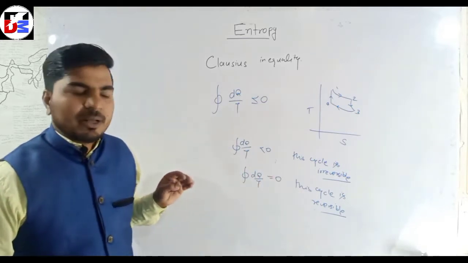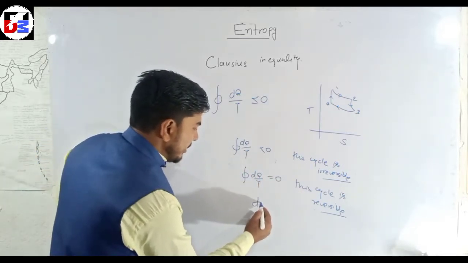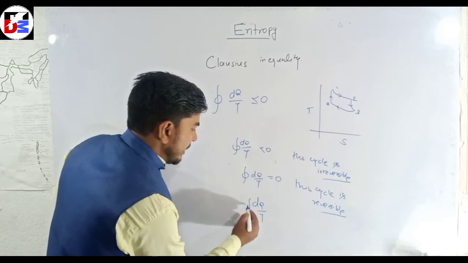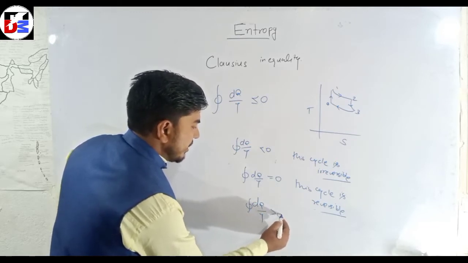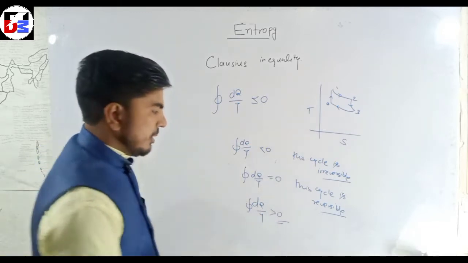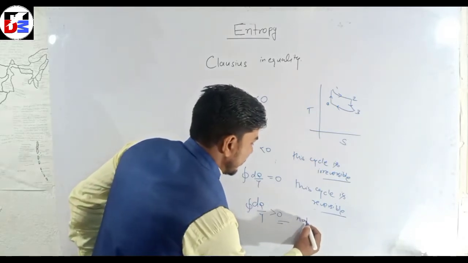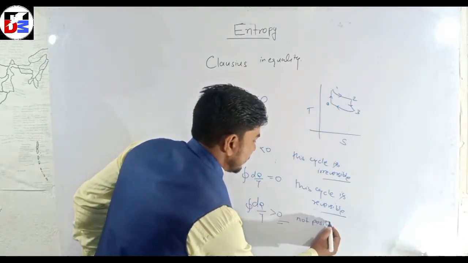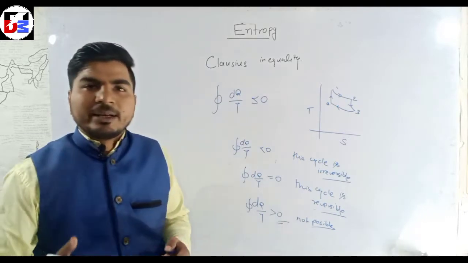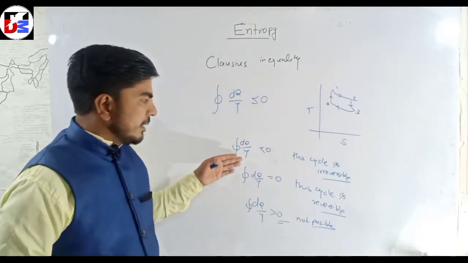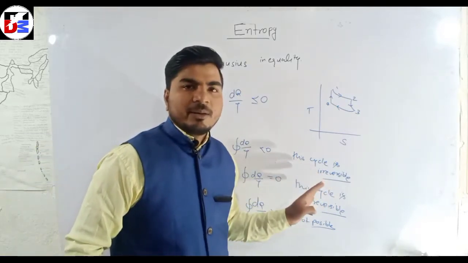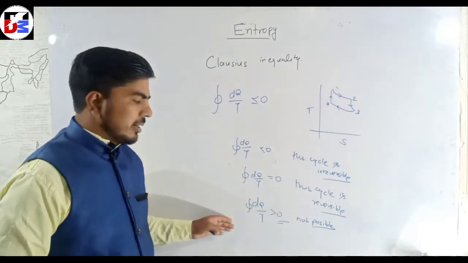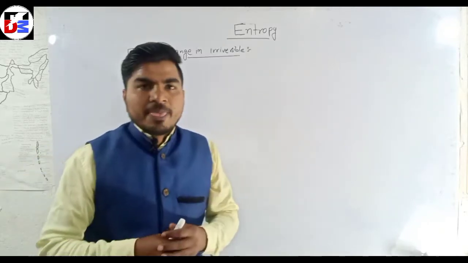The third thing is not possible, that is, the cyclic integral of dQ by T greater than 0. This is not possible. If a cycle is present, then the cycle is reversible or irreversible. The third is not possible.